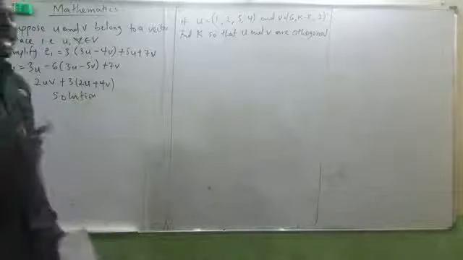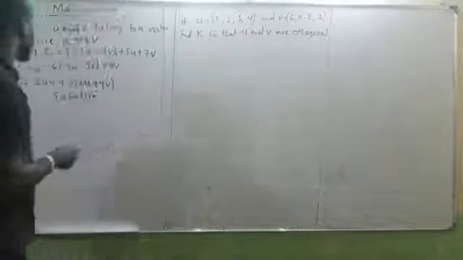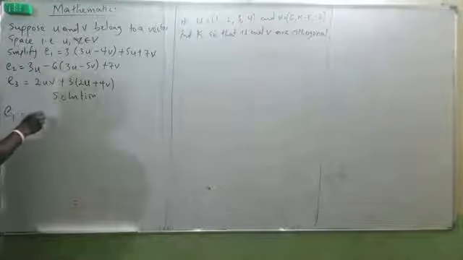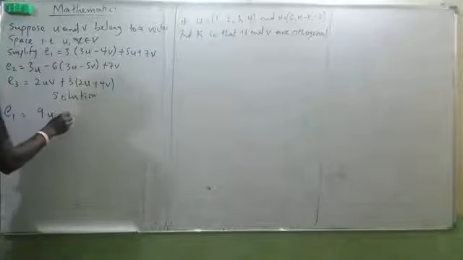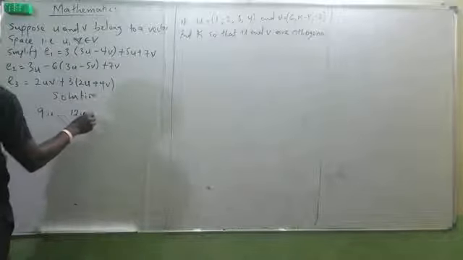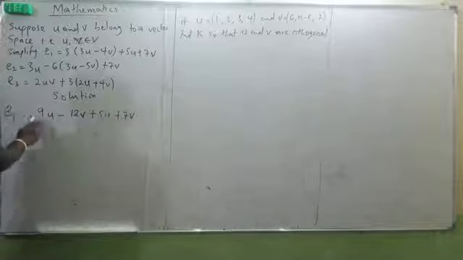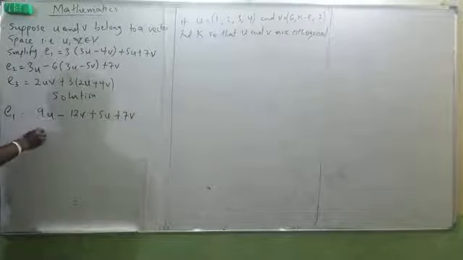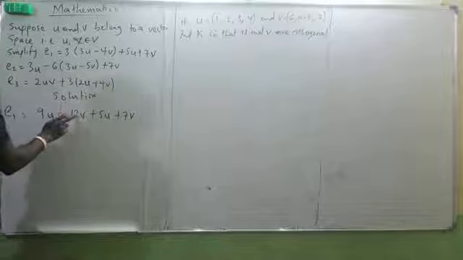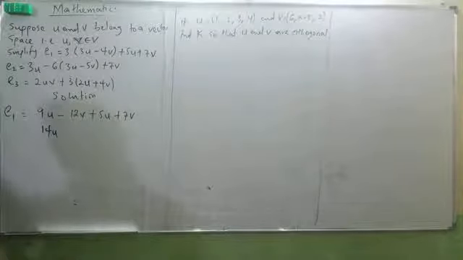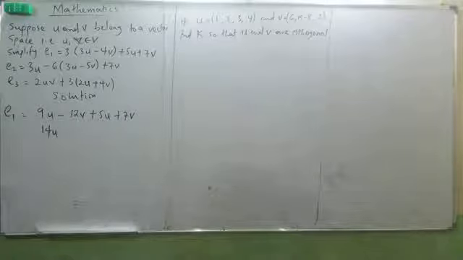If you have something like this, it's very, very simple. What you just need to do is that, for instance, my E1 now will be equals to 9u minus 12v plus 5u plus 7v. Now, this and this will give 14u.